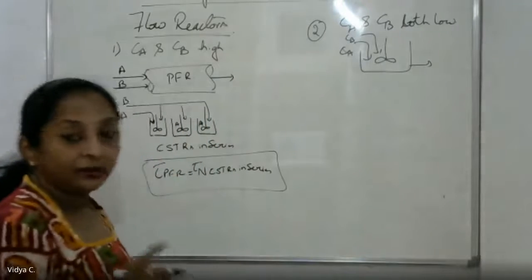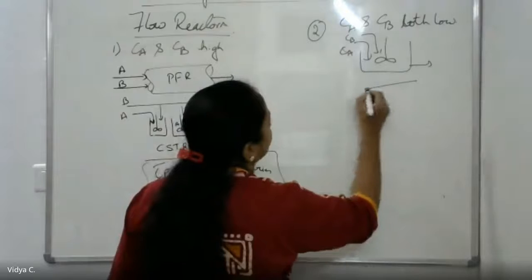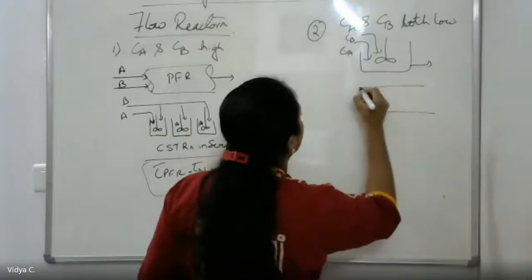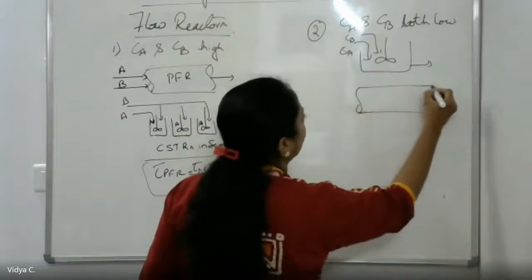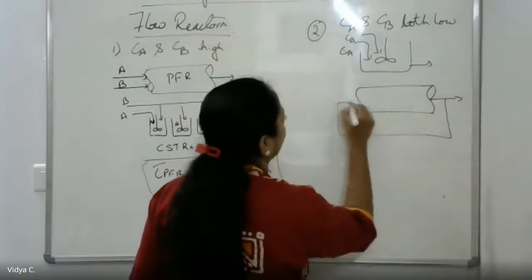The other way of achieving this is a recycle reactor. Of course, we will not be studying recycle reactors. It is not there in your syllabus, but it is a very interesting topic.